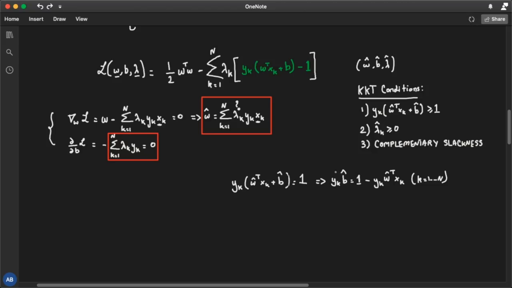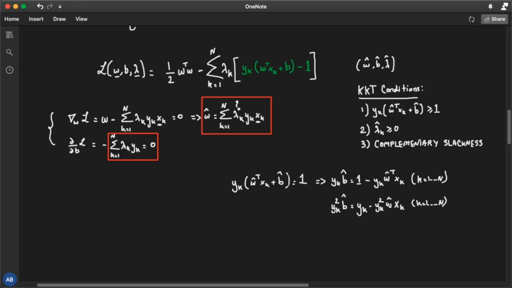So we get yk square b hat is equal to yk minus yk square w hat xk, same thing, k going from 1 down to n.